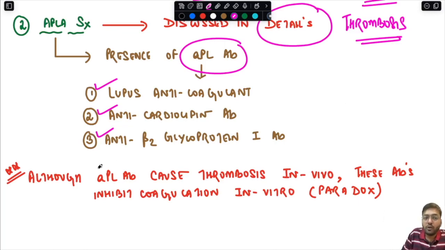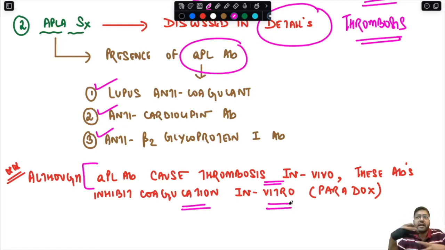Remember, although anti-phospholipid antibodies cause thrombosis in vivo, these antibodies inhibit coagulation in vitro. So try to understand this. We are reading about thrombophilias, right? Inside the body of the individual, for example a mother suffering from APLA syndrome, the anti-phospholipid antibodies are promoting or causing thrombosis inside the body.